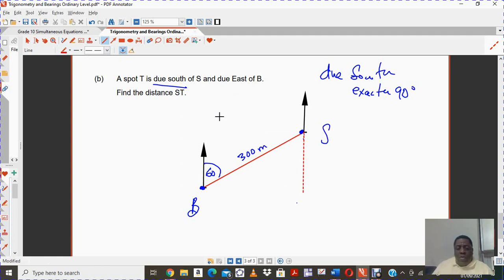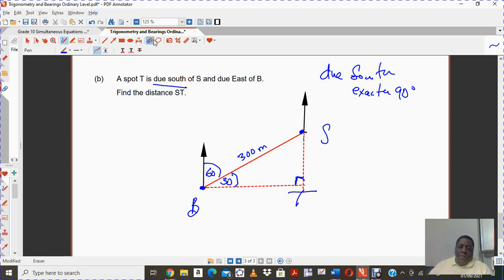And due east of B, so east of B, it's going to be in this direction here. So what we're looking at is a right angle triangle. We also can determine that this particular angle here should be 30 degrees because the whole thing should give you 90 degrees.